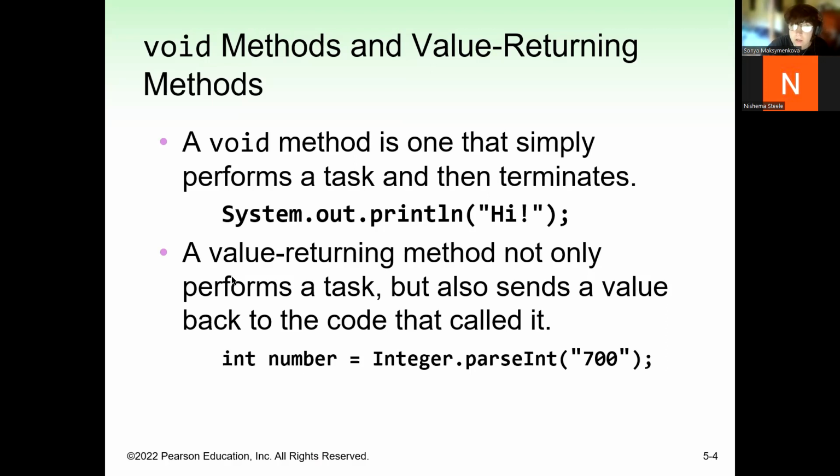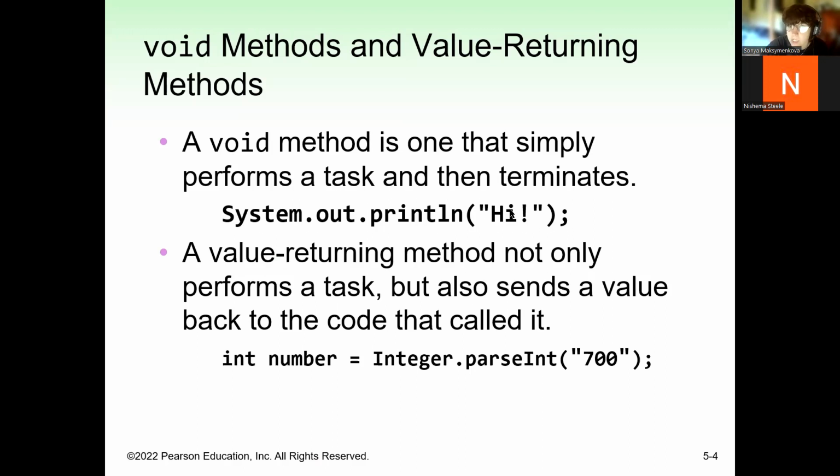The other type is a value returning method, and it's literally in the name. It's going to return some value back to your program. So value returning is a function in Python, and a void method is a module in Python, if that's easier to understand. For example, this one is just going to print hi.